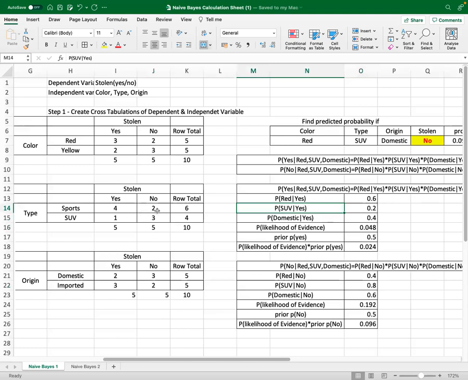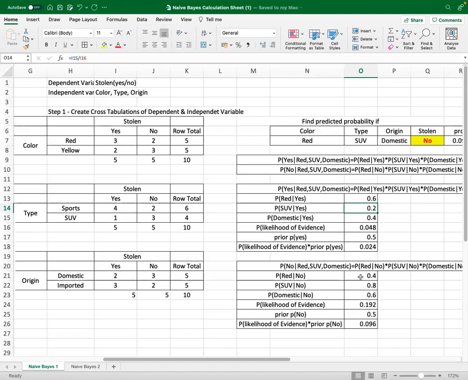SUV stolen 1 by 5. I made a mistake here. No, correct only, right? 0.6.